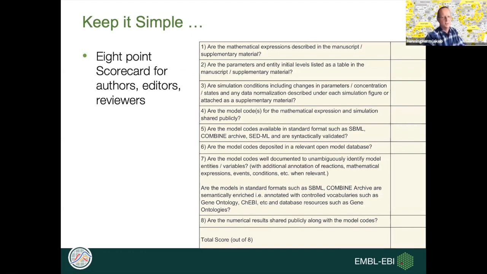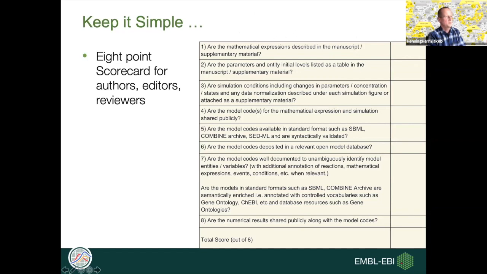And the more complex a system is that puts additional, quote, burden on an author, the less likely it is that it gets properly implemented. So we try to have something very simple in the form of the scorecard, which basically just provides tick boxes.